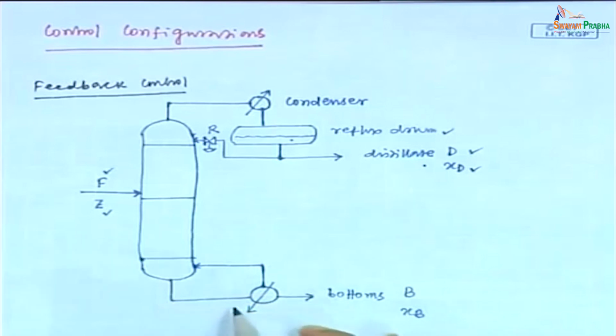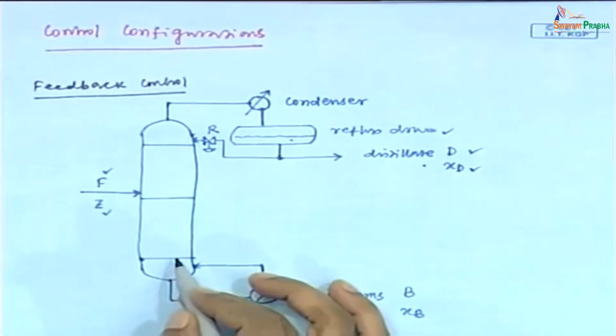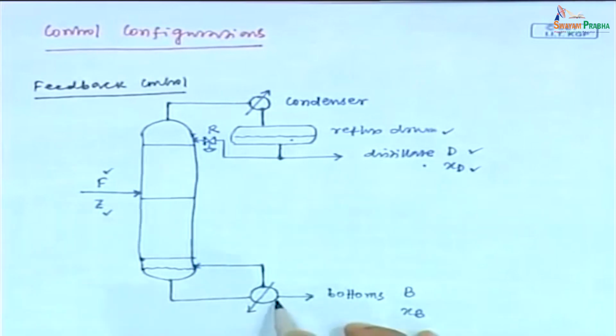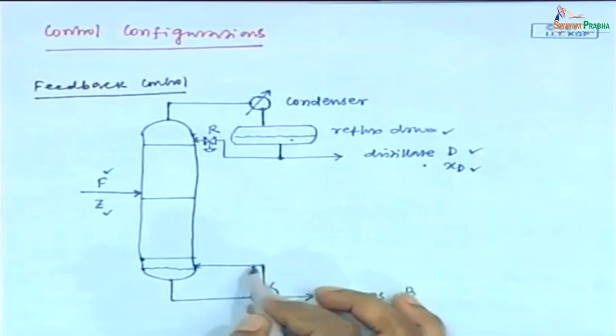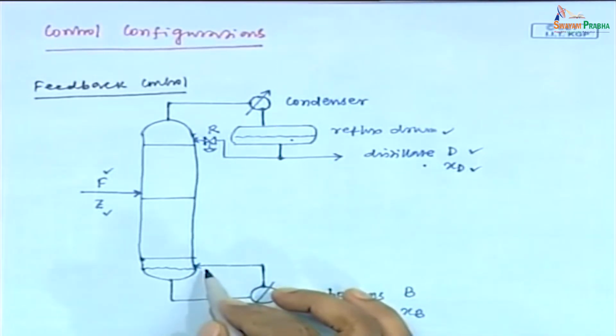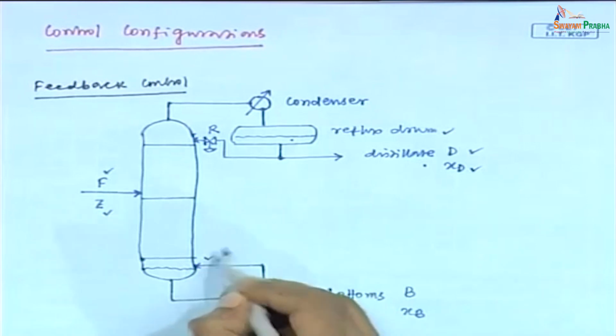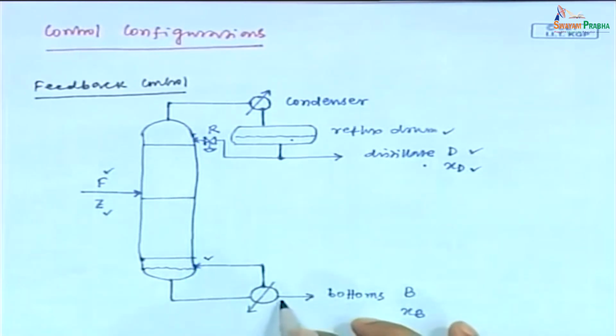Similarly, at the bottom, the liquid coming from the bottom tray goes to a reboiler. The produced vapor is recycled back just below the bottom tray, and some amount of liquid is withdrawn as bottom product or bottoms with flow rate B and composition XB.